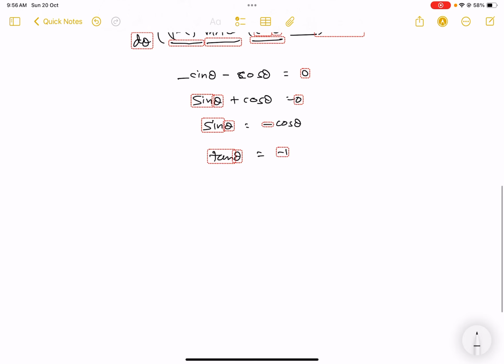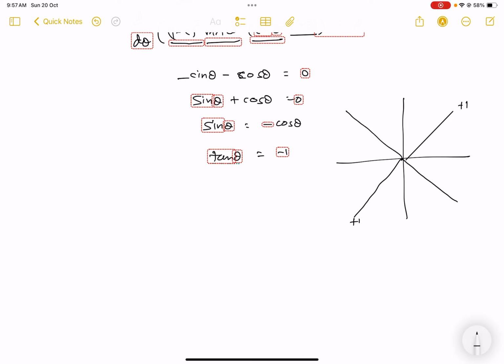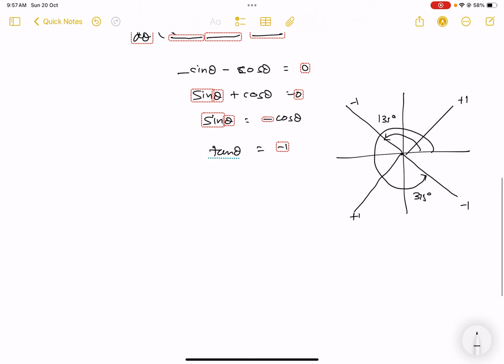If you look at the quadrants, tan 45 is plus 1, and tan of 180 plus 45, that is 225, is plus 1. Tan will be negative in the second and fourth quadrants. So tan theta equal to minus 1 gives an angle of 135 degrees and an angle of 315 degrees.